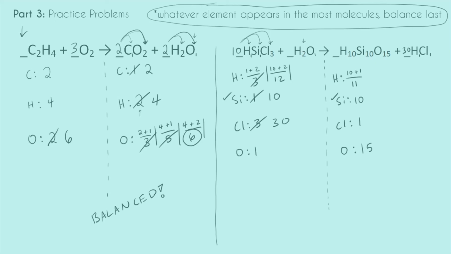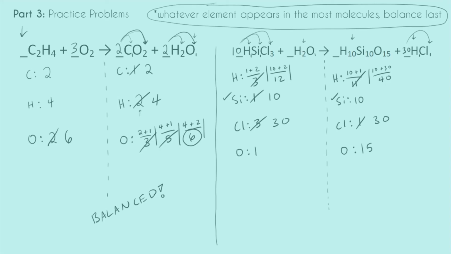So now instantly cross out anything that 30 affected. It affected hydrogen and it affected chlorine. And so now redoing everything, for hydrogen, I have the 10 here, plus the 30 here. So I have 40 hydrogens. And for chlorine, I just have the 30 times this 1, so now 30 chlorines. All right, so now doing oxygen, saving hydrogen for last.